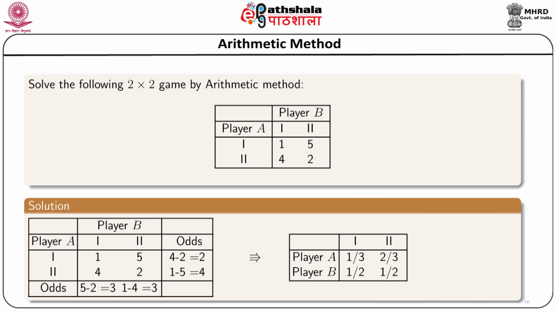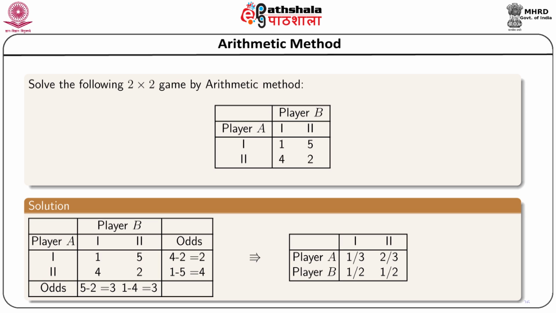The slide shows the pair matrix for the player A, and we find the differences for row 1. The row 1 difference is 1 minus 5 equal to 4, because we ignore the negative sign, and we put the result corresponding to row 2.